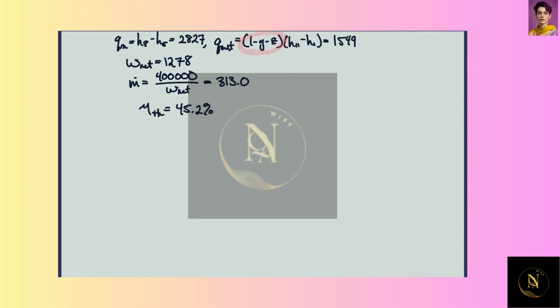So we need to take account of that. And then we can find the net work is this minus this. They told us that this was generating 400 megawatts. So we can figure out the flow rate is 313 kilograms per second. And finally, we can take this and divide it by this, and we get 45.2%.